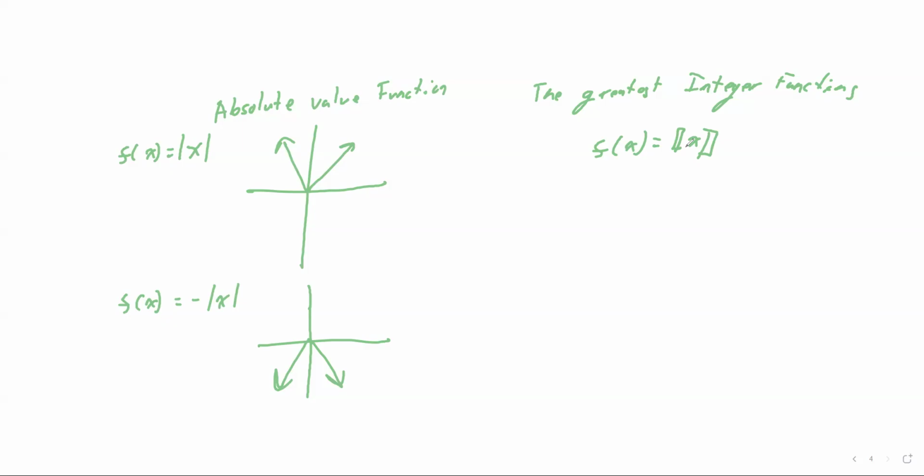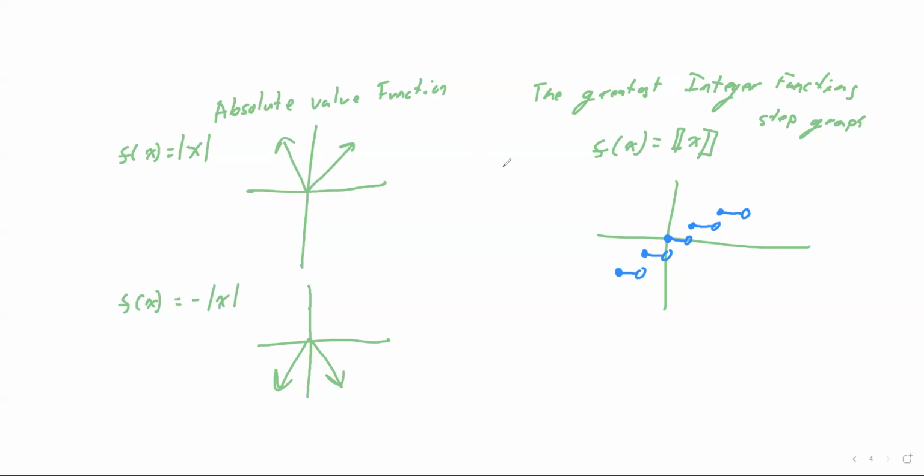And it's what we call a step graph. So it looks like this right here. I'm going to use a different color. Where basically it looks like steps.